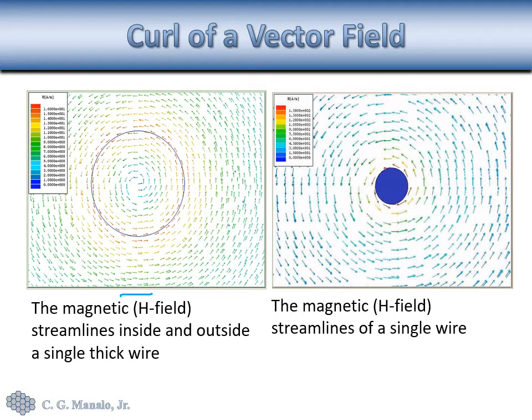Also, on the right side, this is the magnetic field intensity of a single wire on the outside of the wire. So again, we can say that there is a curl at any point in space here.